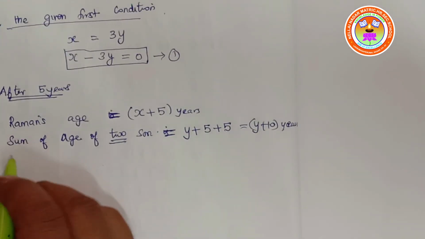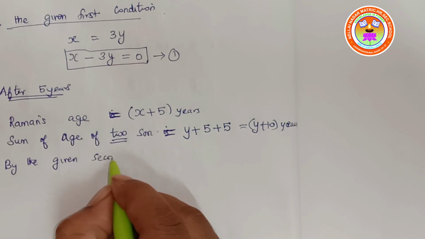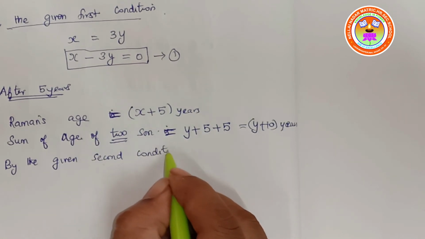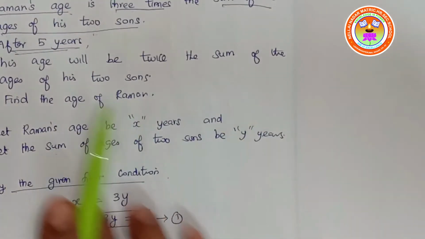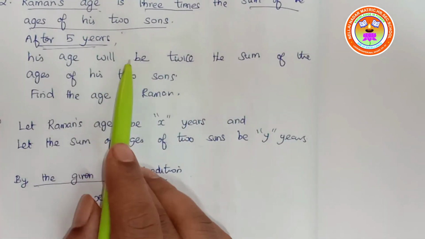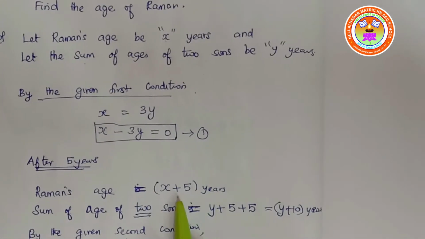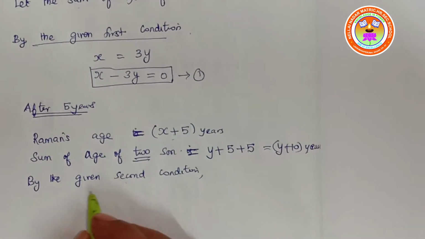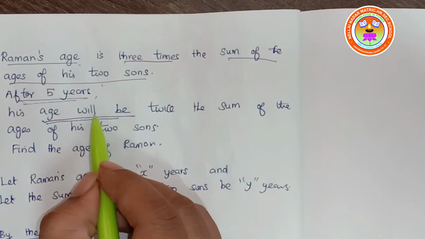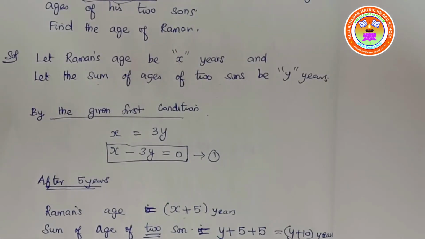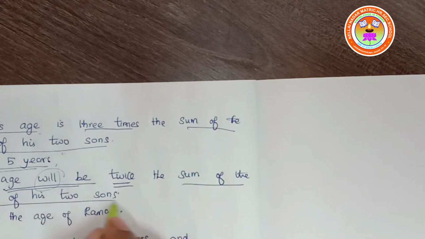By the given second condition, his age will be, whose age? That is Raman's age. So Raman's age is what? After 5 years, x plus 5. His age, Raman's age will be. What is the meaning? Will means equal. Twice the sum of ages of two sons.